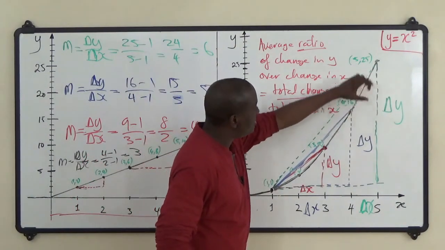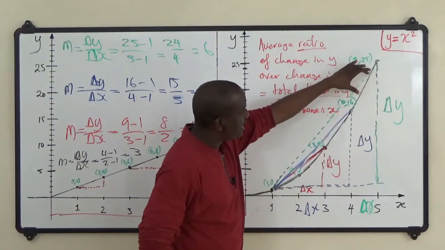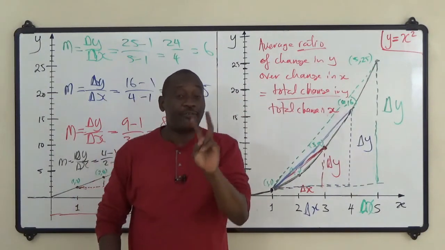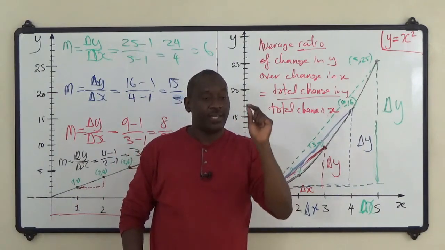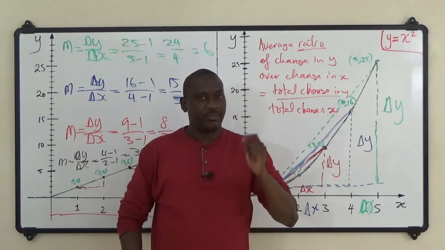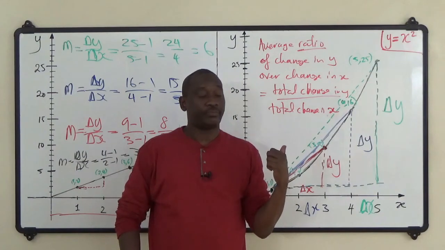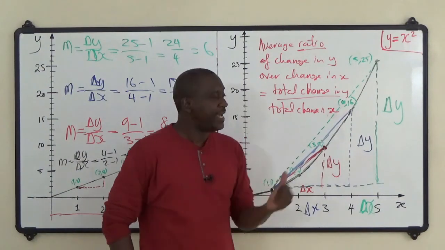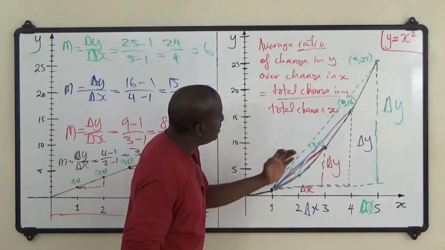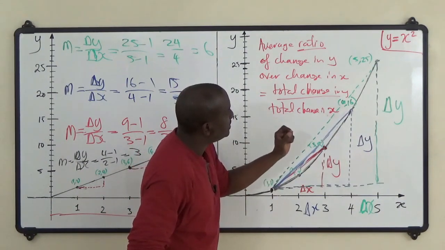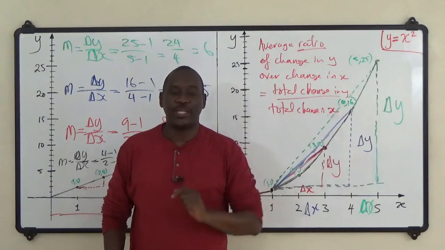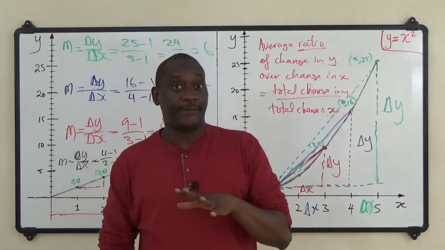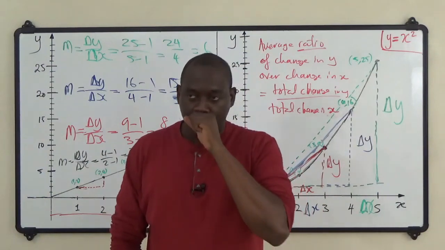Just as the gradient of the line segment between any 2 points on this curve will be unique, every pair of points will have a unique gradient between them on the curve, the same idea applies for the point. Every single unique point on this curve will have a unique gradient attached to it.